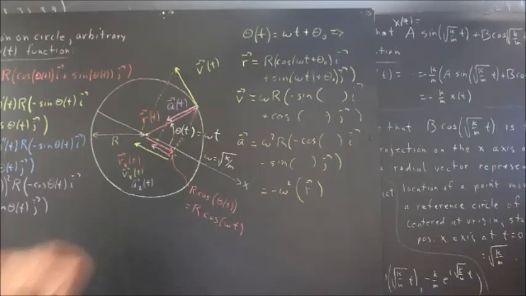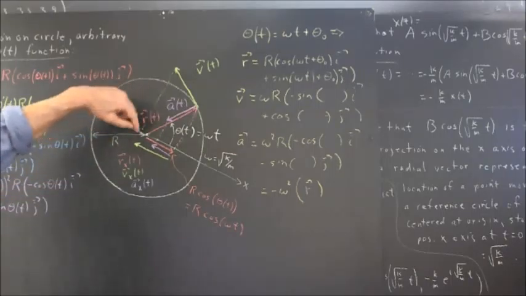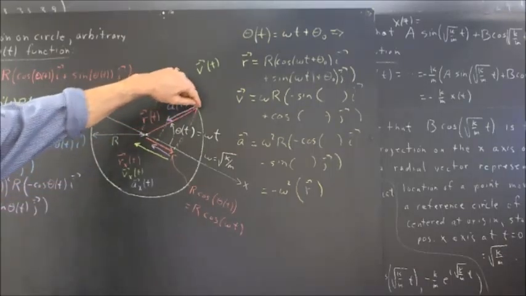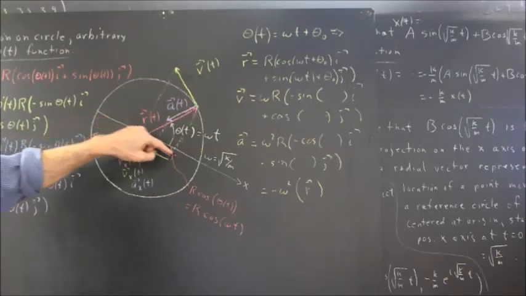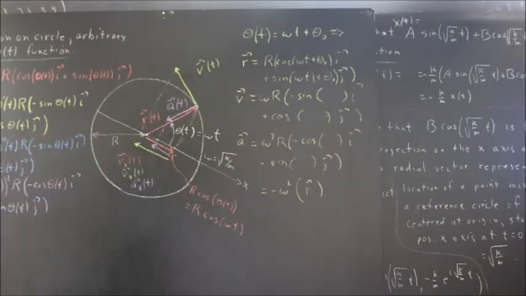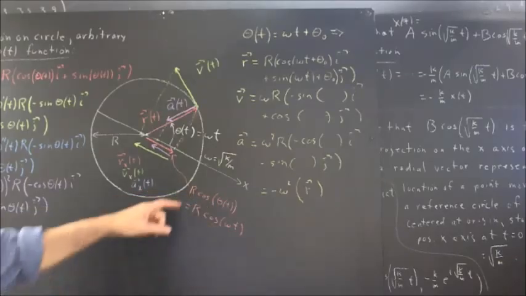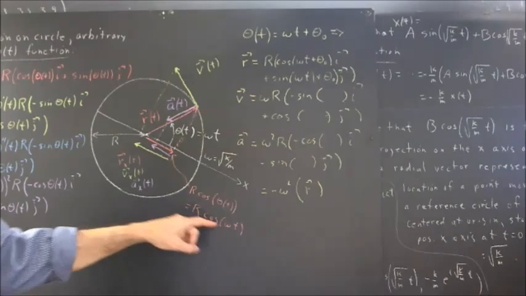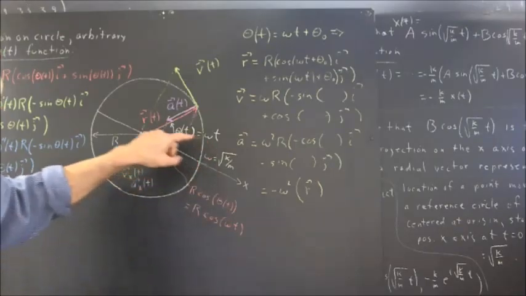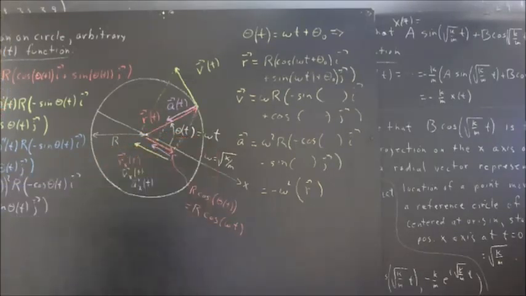So if this vector is little r of t with magnitude r, then this position on the x-axis, if you prefer, is just r times the cosine of theta of t, which is r times the cosine of omega t, if theta of t is equal to omega t.